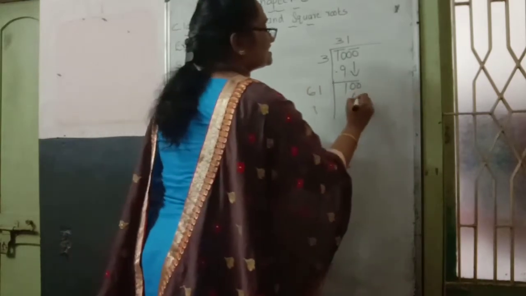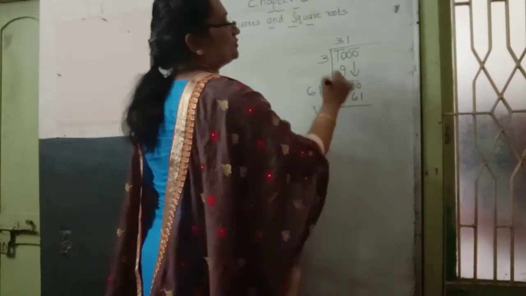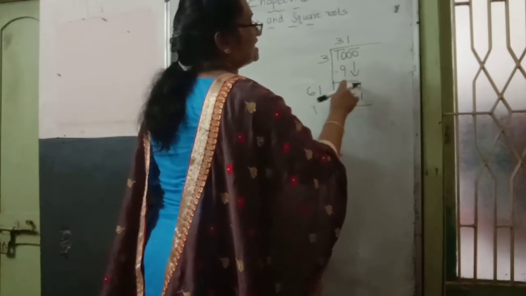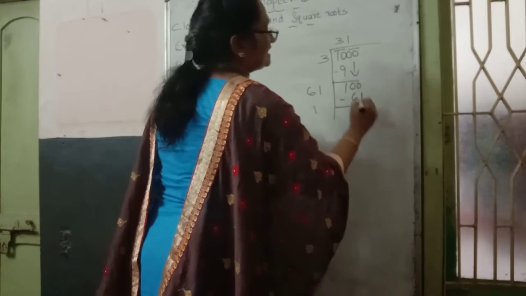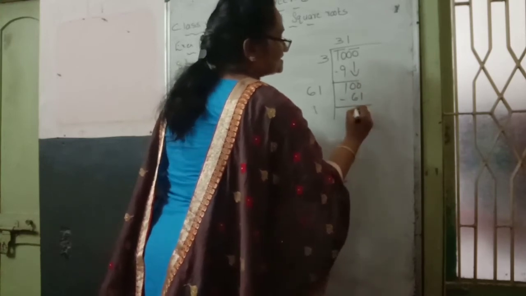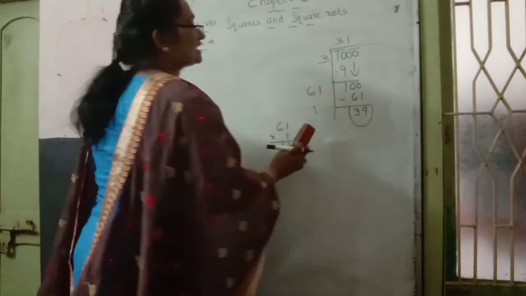We get 61. Then subtraction: 0 minus 1 not possible. Borrow from the next place. Here 1 changes to 0, 9. Here 10 minus 1, 9. 9 minus 6, and the remainder becomes 39.